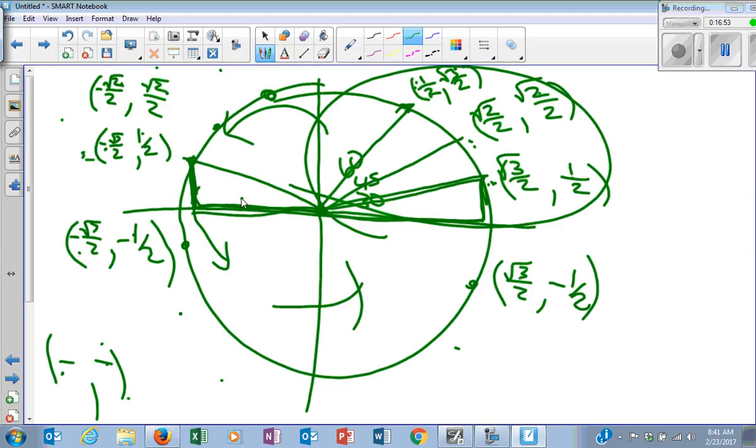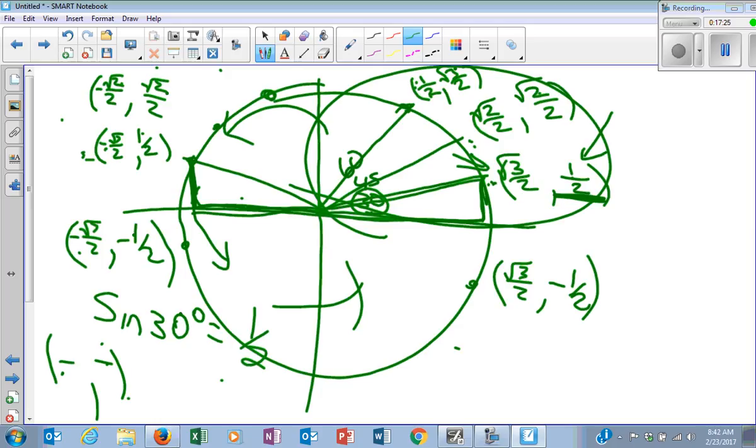What is the sine of 30 degrees? The sine of 30 degrees is really just the y coordinate. So if I asked you for the sine of 30 degrees, it equals 1/2. The sine is always your y coordinate. Do you guys get what I just said there? Your cosine is always going to be your x coordinate.